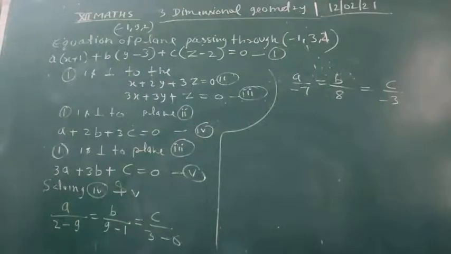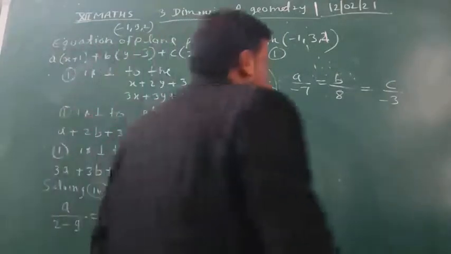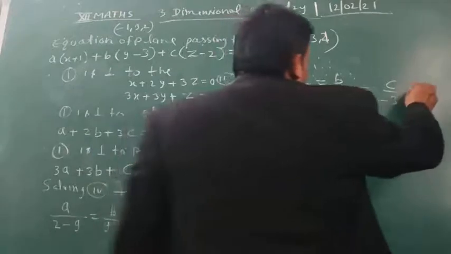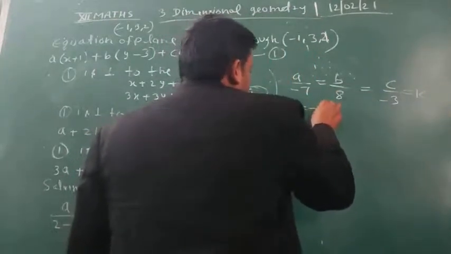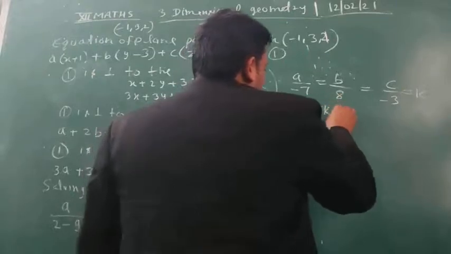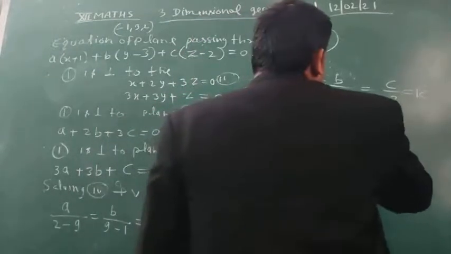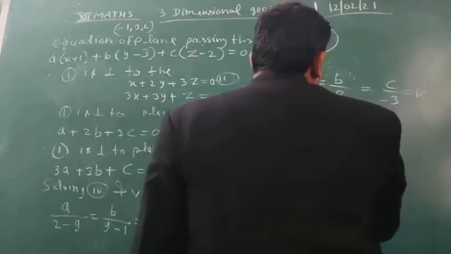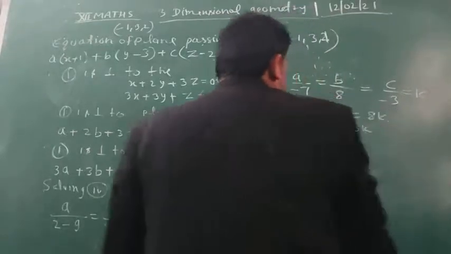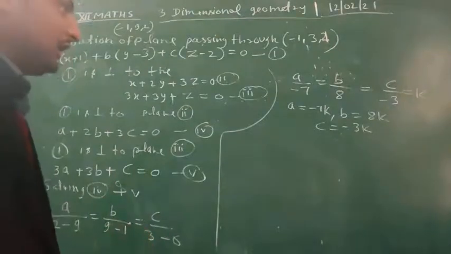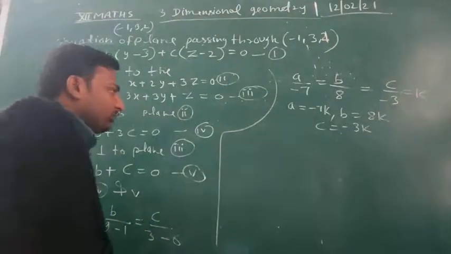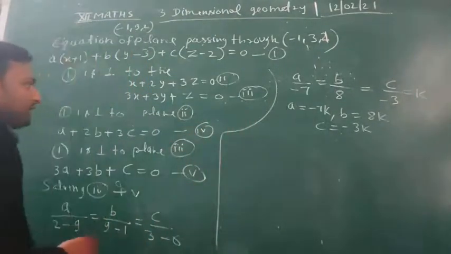So students, the values of a, b and c are these. We write this is equal to a constant k. So a is minus 7k, b is 8k and c is minus 3k.